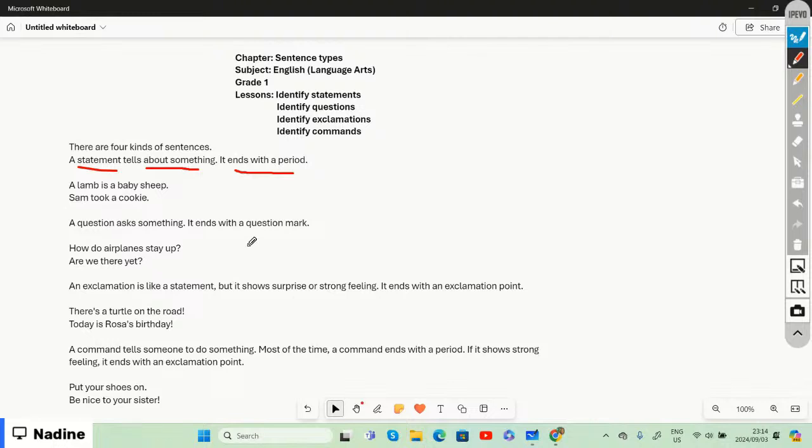And if we look at an example of a statement, we say a lamb is a baby sheep. You just say a lamb is a baby sheep. Nobody asked about it. They don't even have to respond. That is just something that you are telling someone. The next one is Sam took a cookie.